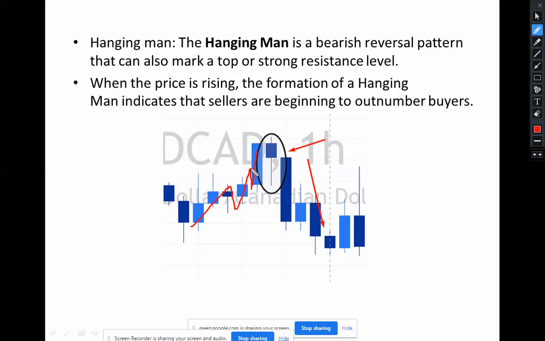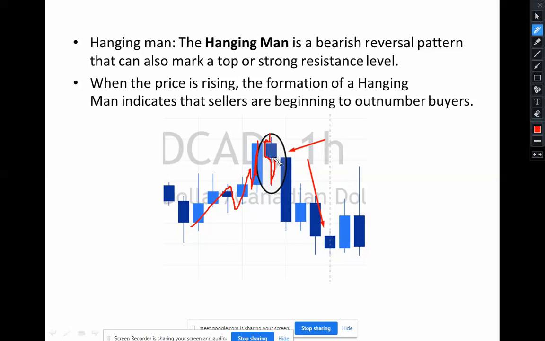Buyers try to push the price to this level. Next candle opens here, they want to continue again, but what happened? Sellers rejected them.